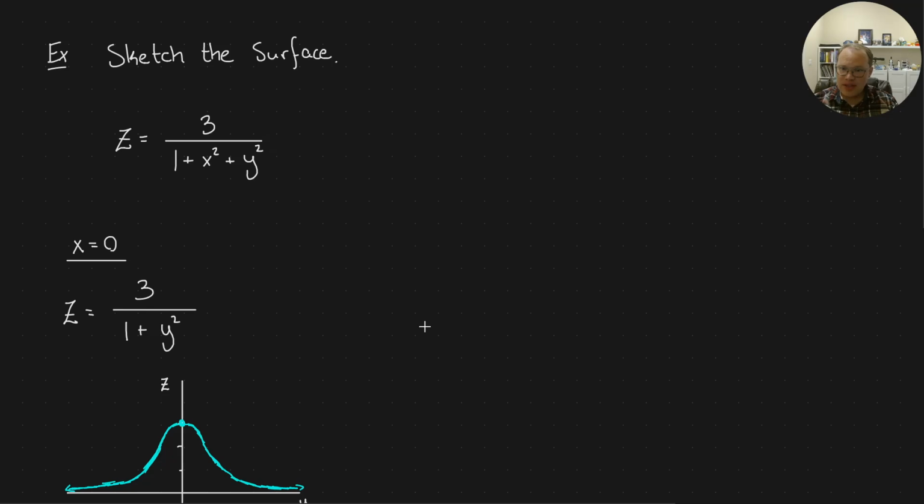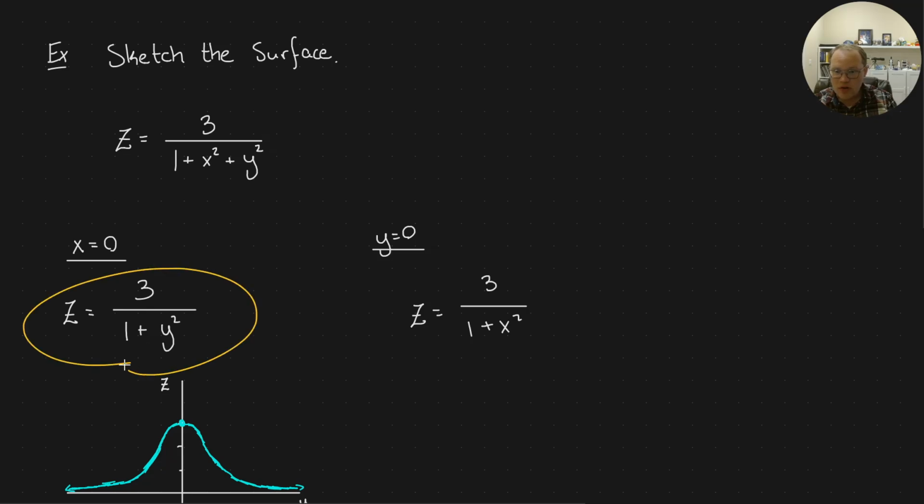And if we set y equal to 0, let's do the other trace now. Y equal to 0. We get z equals 3 over 1 plus x squared. Hey, those are the exact same equations. I just swap out x for y.